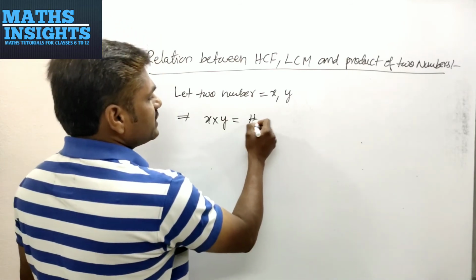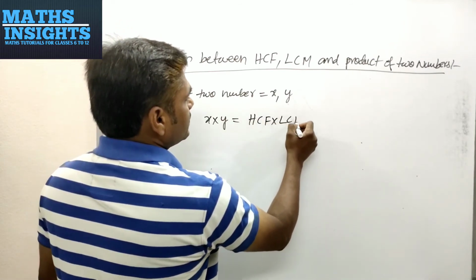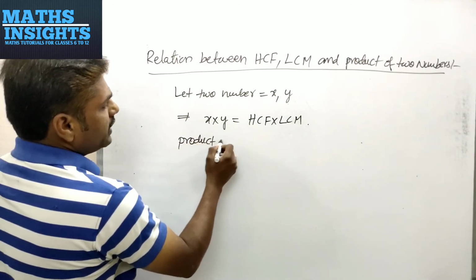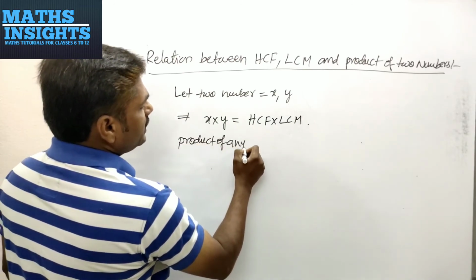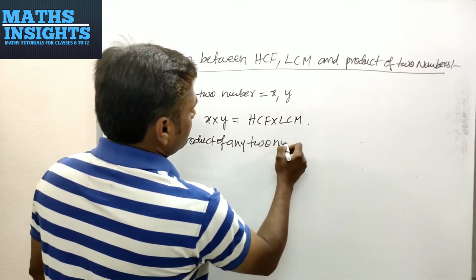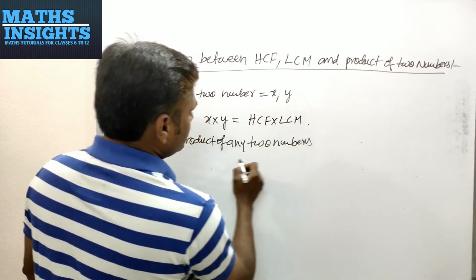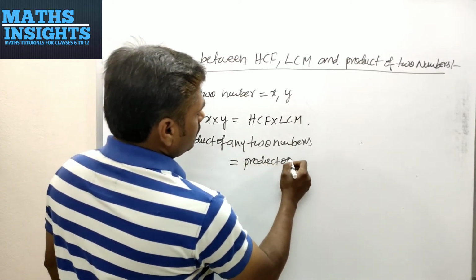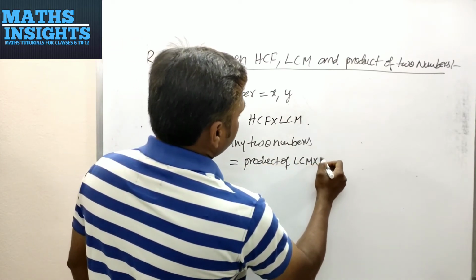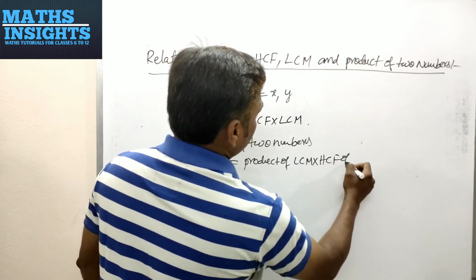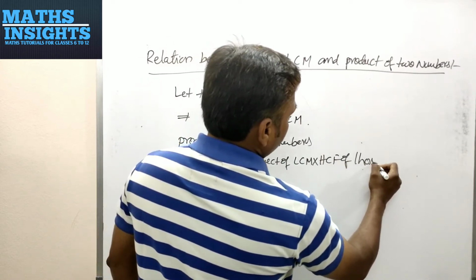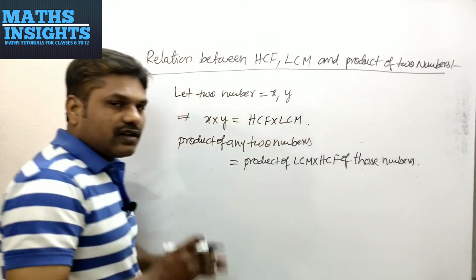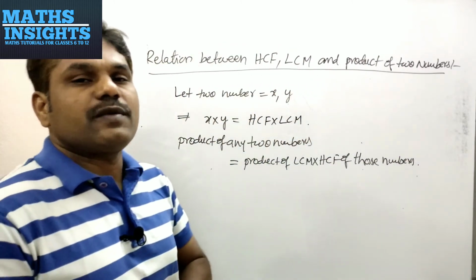Therefore, the product of any 2 numbers is equal to the product of LCM and HCF of those numbers. Very simple. Product of numbers is equal to product of LCM and HCF.